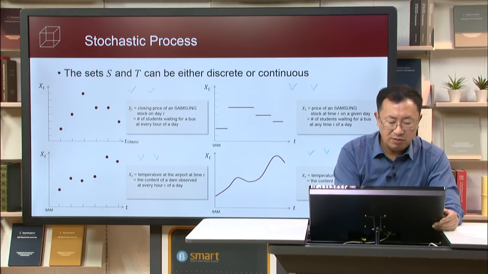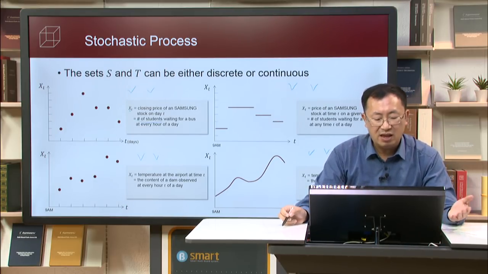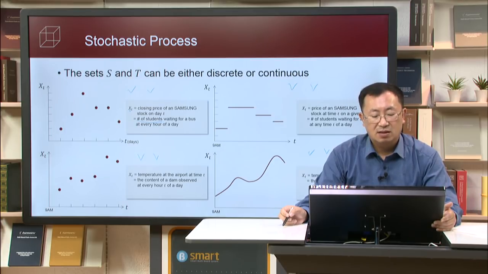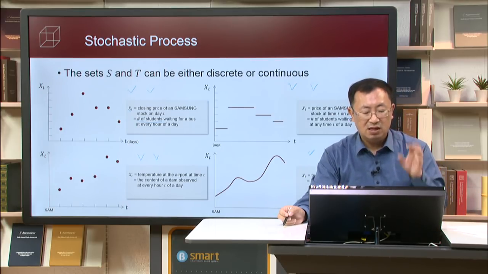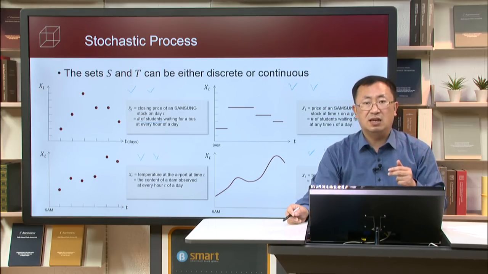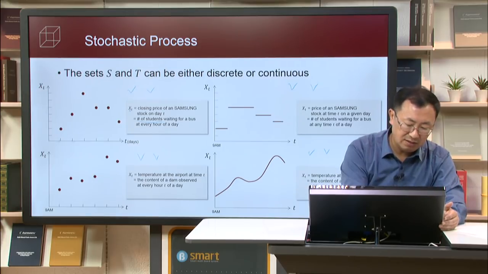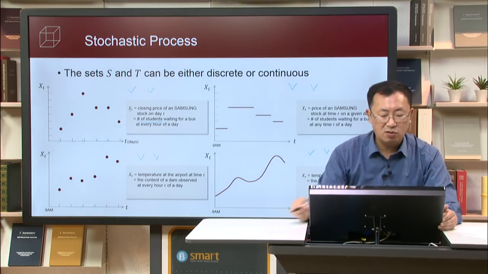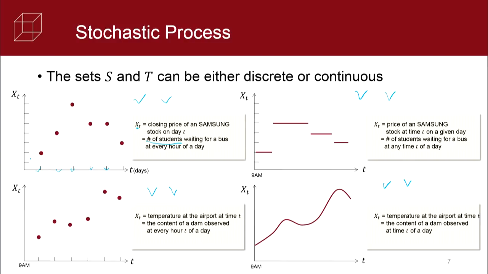Or Xt may represent the number of students waiting for the bus at every hour of the day. So every hour, so discrete, right? And then you observe a certain number of students. The number of students can be expressed as a discrete number: 1, 2, 3, and so on. Right? So that is an example of the situation where both S and T are discrete.